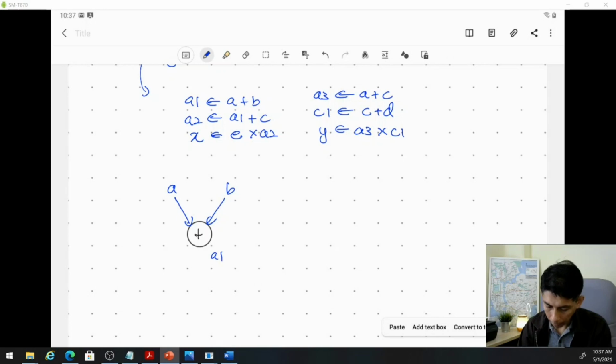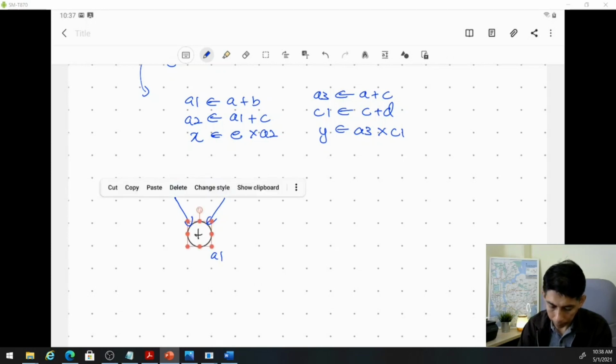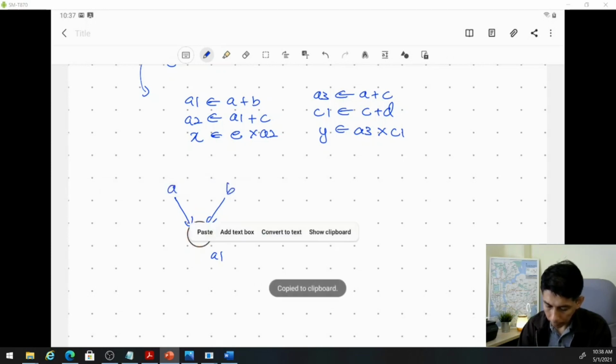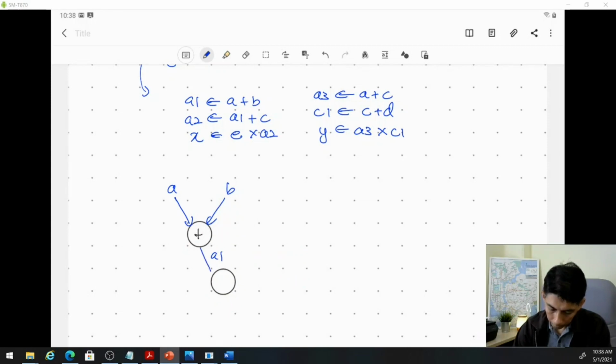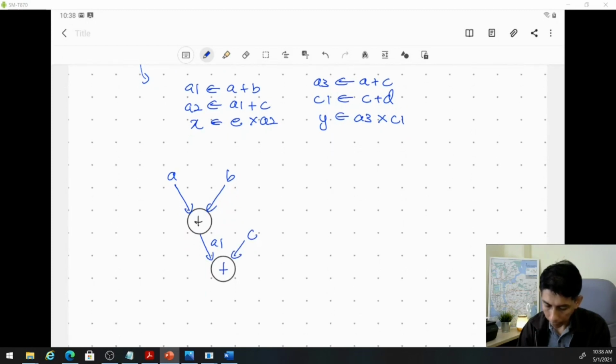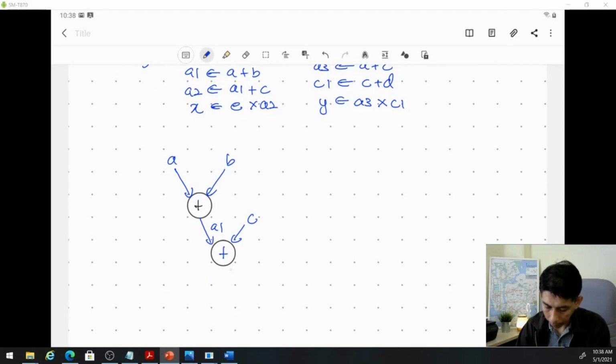Then you can have another operation, which is add also, where this is a1, you add with c, and you have a2.